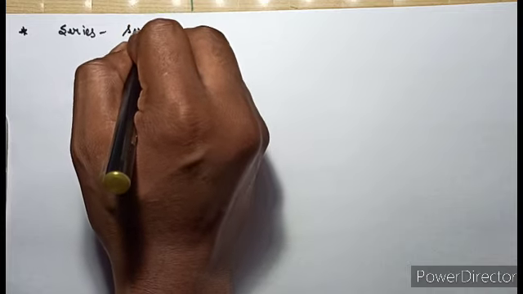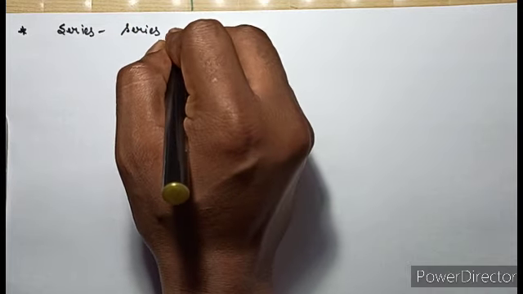Then what will be the resultant parameter of the network which we got after connecting those two networks? So our first connection will be the series connection.